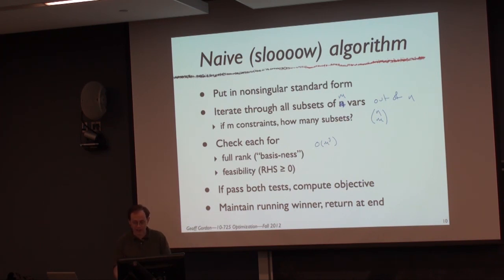So this is an algorithm. It takes O of m cubed times n choose m, right? So not a very fast algorithm, but in fact it is an algorithm, and we now have an algorithm for solving linear programs. And actually, for a long time, this was essentially the best known algorithm. Right? People actually thought that you could be smarter about the search, but you were, in the worst case, going to have to do essentially this.